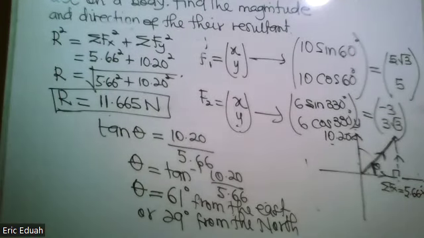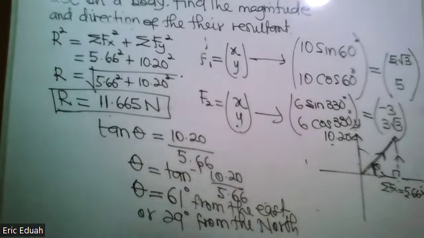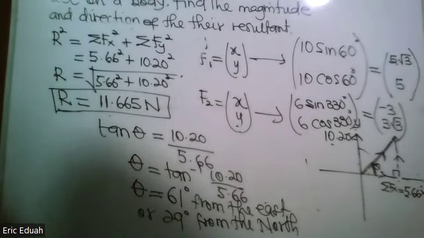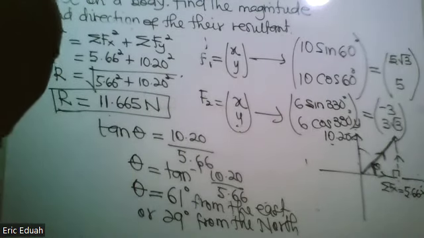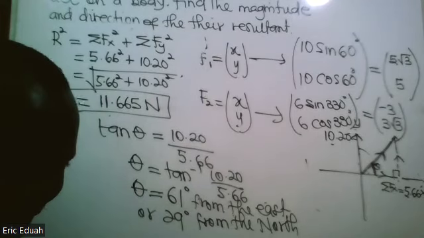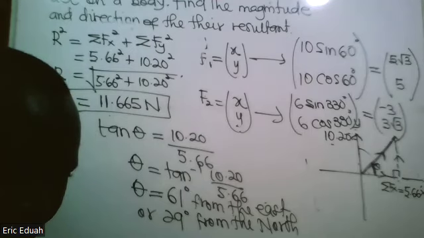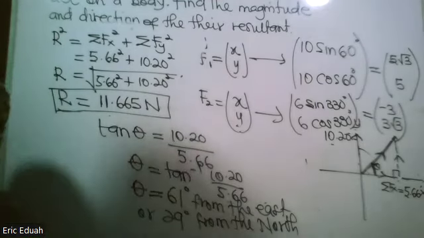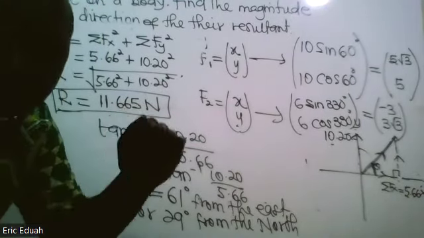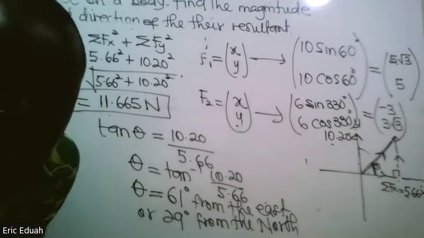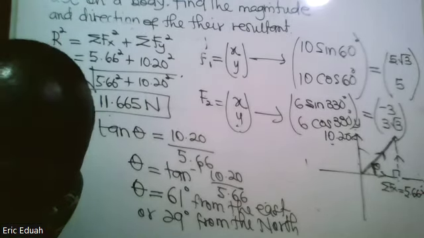So that is how we do it. With this understanding, if you are given about 5, 10 forces acting on a body at the same time, the trick is to pick each one at a time and resolve it into its vertical and horizontal components, X and Y. When you finish, sum up all the X's of all the individual forces, then the summation of all the Y's.